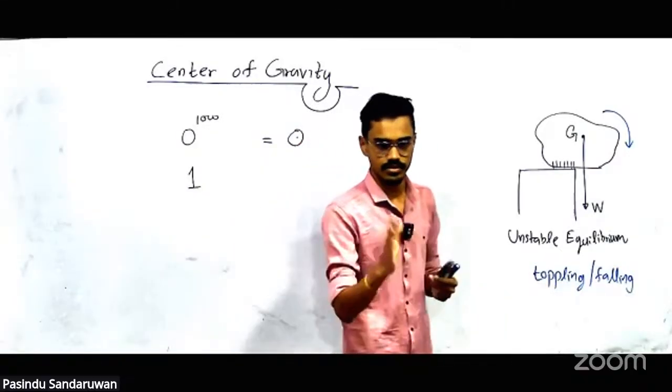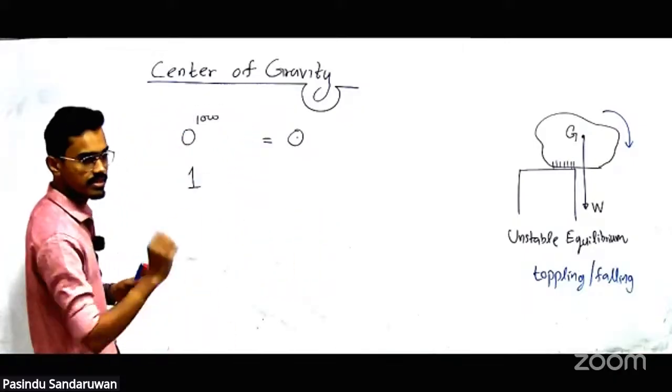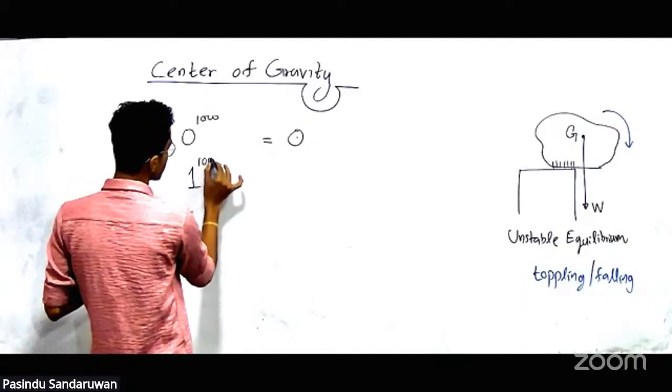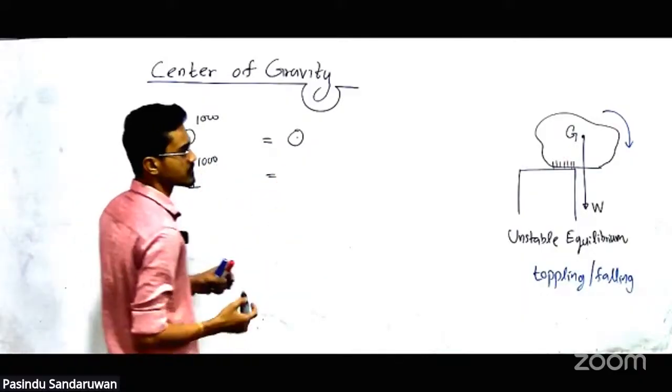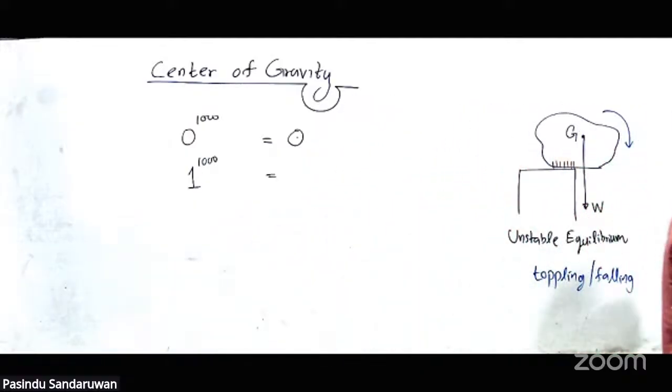So assume that your effort equals 1. Compared to 0, now we are doing something equal to 1. And you continue to do this for 1000 days. What is the answer?